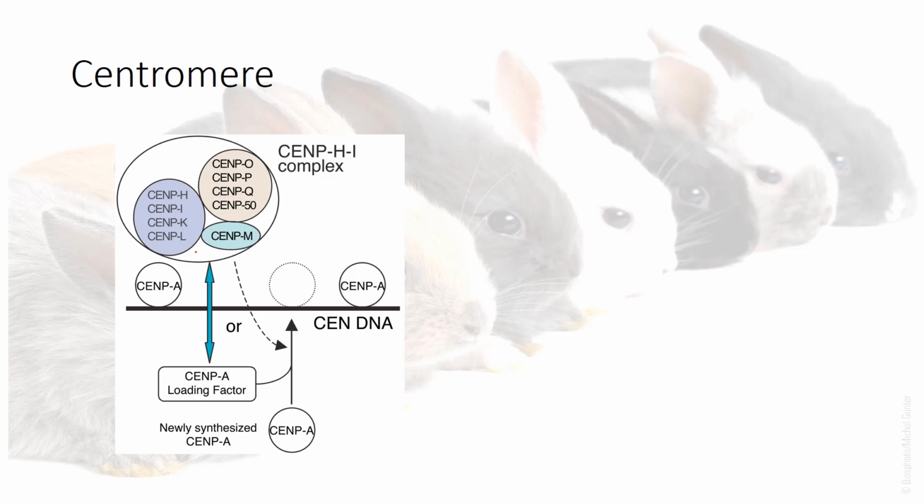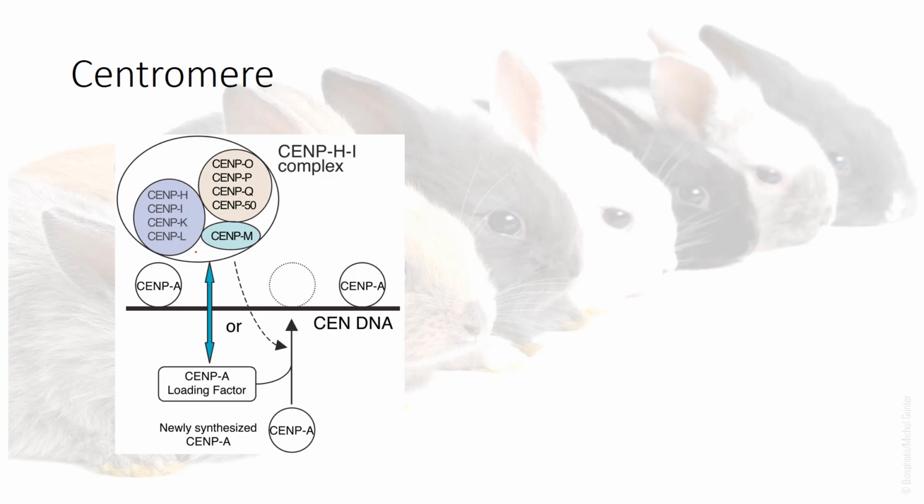And that is a site where we've got a lot of protein attachment to facilitate holding the sister chromatids together, or to facilitate the microtubules remaining attached to those chromosomes until the time at which they separate.